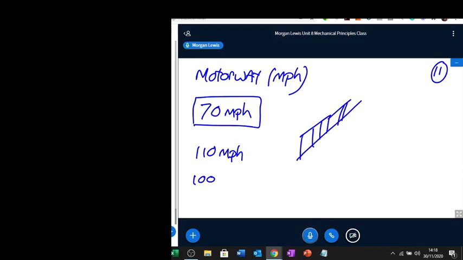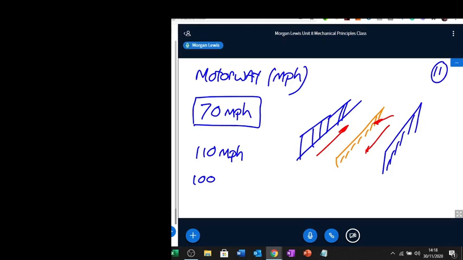Then you've got barriers down the middle as well, perhaps, and barriers this side. Here's the cars going this way, the cars going that way. The barriers are meant to stop you from going through.